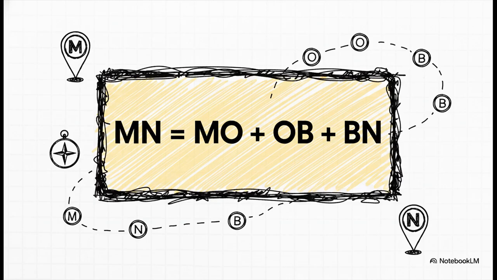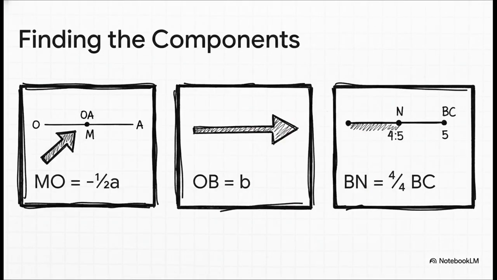Now, this is the really important bit. We have to turn that journey into a proper vector equation. So the path from M to N is equal to the vector MO plus the vector OB plus the vector BN. This is our roadmap for the rest of the calculation. Now, let's break that down piece by piece. We know OA is vector A, and M is the midpoint.